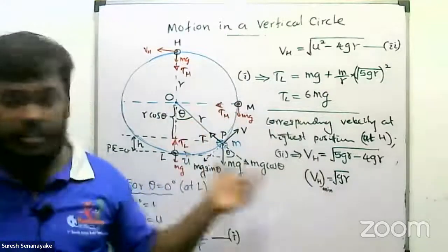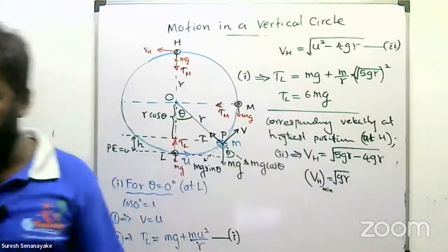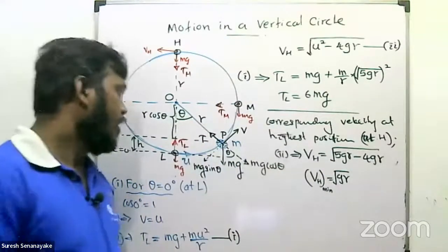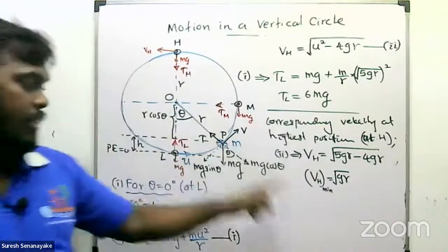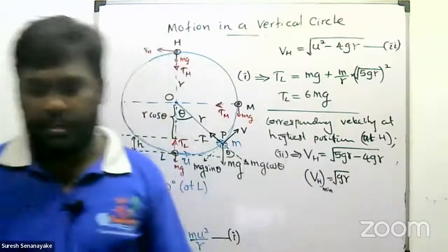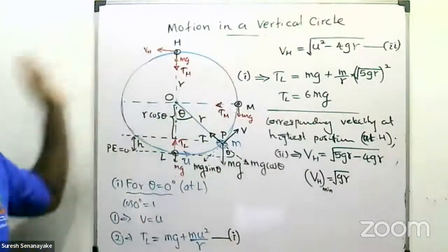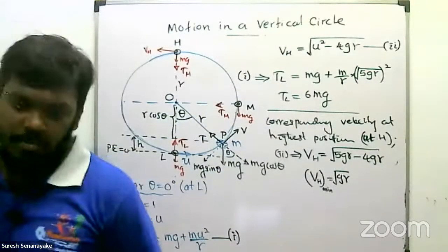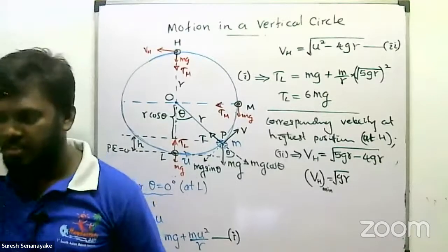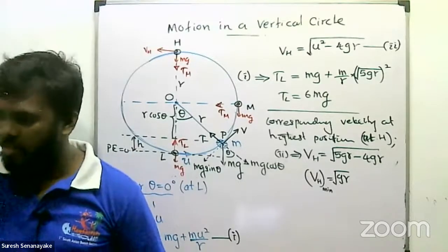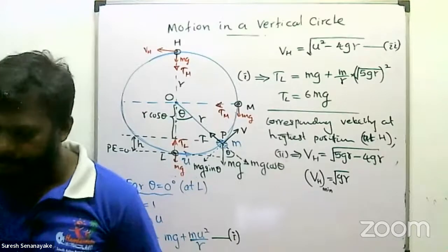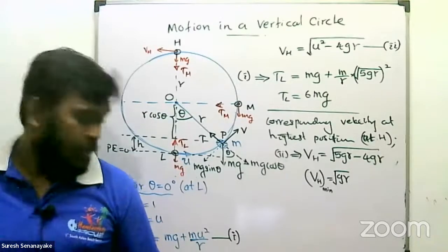When it is rotating, the most critical position at which the body can leave the circle is this highest point. Okay, clear.